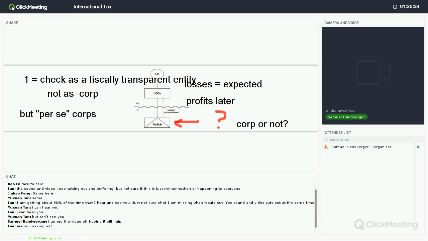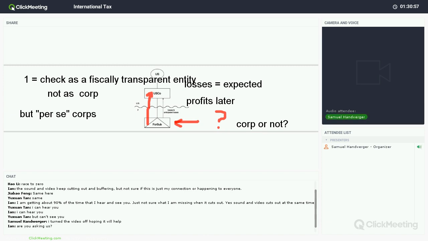I know this is getting a little complicated if you haven't had business entities, but bear with me. If the foreign sub had the box checked to be fiscally transparent, not a corporation, the losses, and let's put them in red, will be flowing through, meaning they'll be recognized on the U.S. company's tax return up here, offsetting what could be other income that the U.S. company's making. This is a good thing.